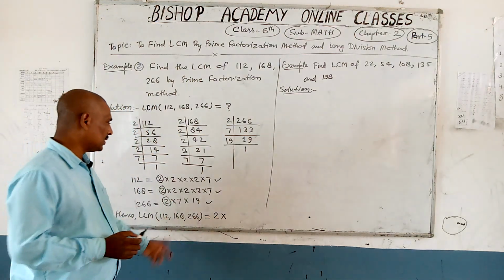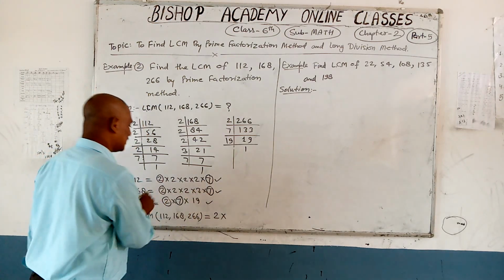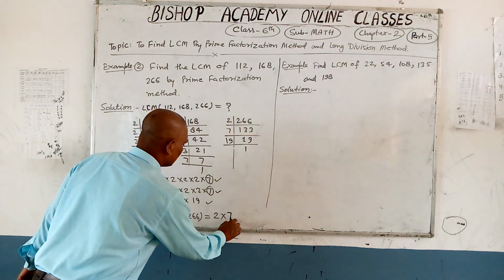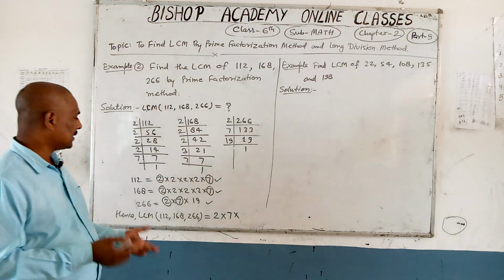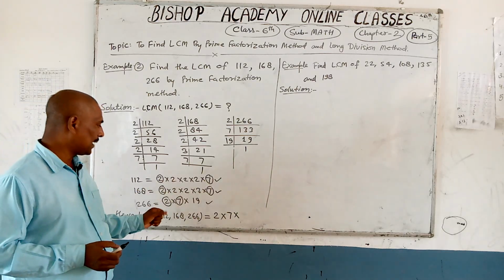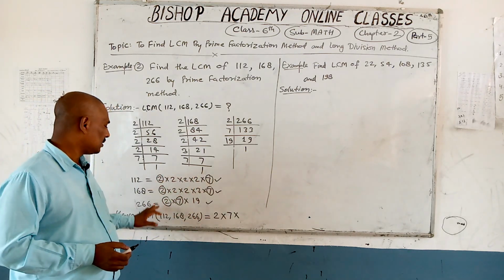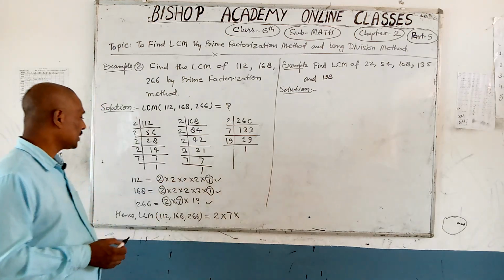Now select the next one. You got this 7 as the next common prime factor of these three. So write here 7 to multiply with 2. Now select the third. You see that no other prime factor is common in all three except 2 and 7.